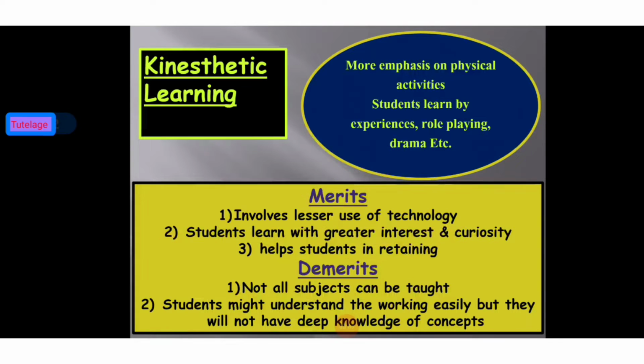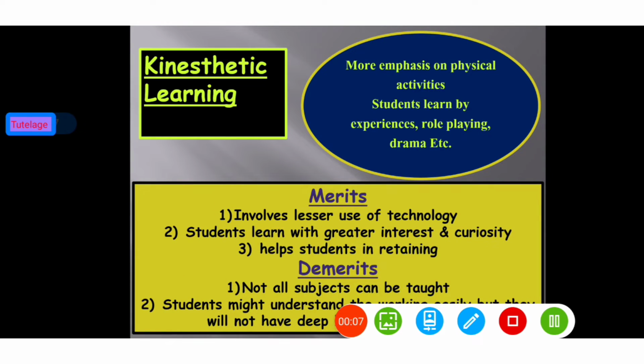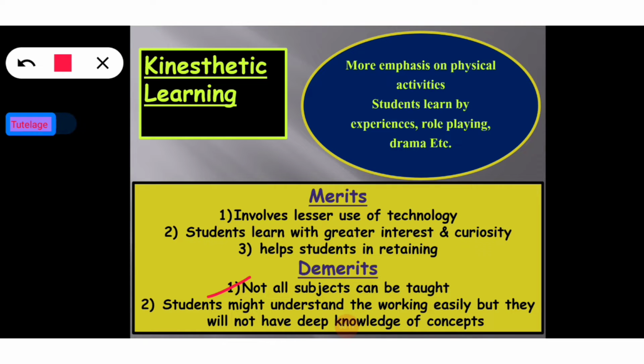Okay. So now going to some demerits of kinesthetic learning. The first one is that not all subjects can be taught using such a method where there is more emphasis on physical activity.